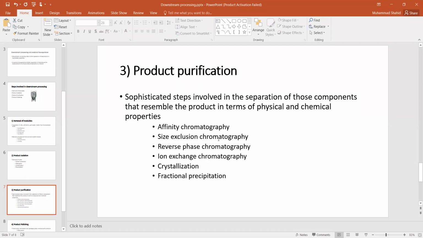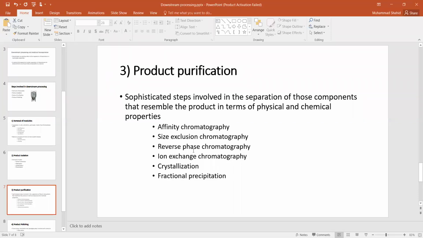So when we separate the biomolecules on the basis of their size, and in some cases their weight, then this type of chromatographic technique would be called size exclusion chromatography.